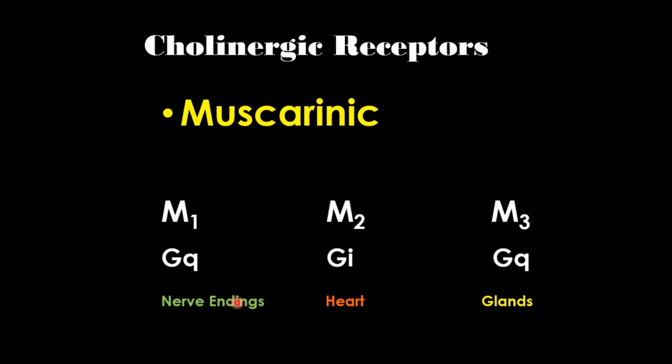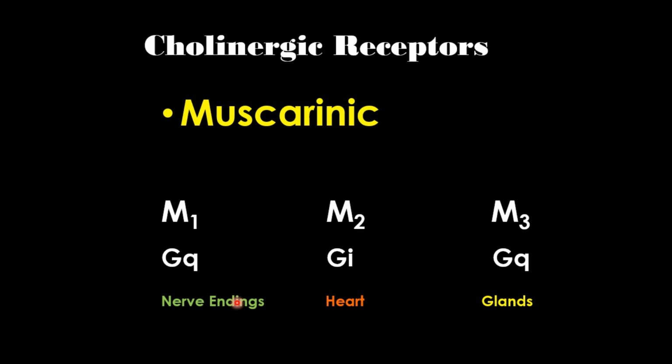So when M3 calcium is mobilized, it causes contraction of the sphincter muscles and causes miosis, that is the contraction of the pupil, and ciliary muscle contraction causes accommodation for near vision.